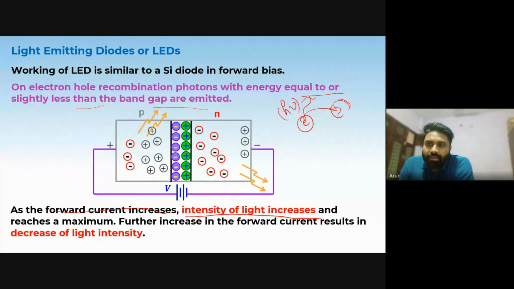But when you further increase the current, the electrons will move without combining with the holes, and that is why the intensity would decrease, because if they are not combining, the photon will not be released.